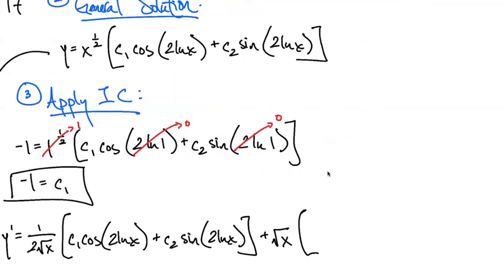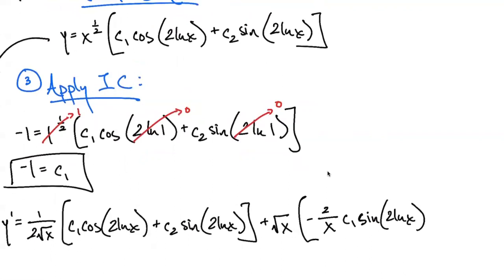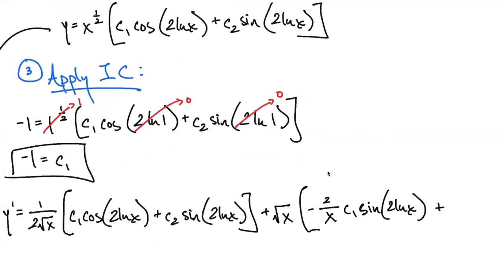So let's see, negative 2 over x C1 sine of 2 natural log x, because I've got to use chain rule there, plus 2 over x C2 cosine of 2 natural log x.